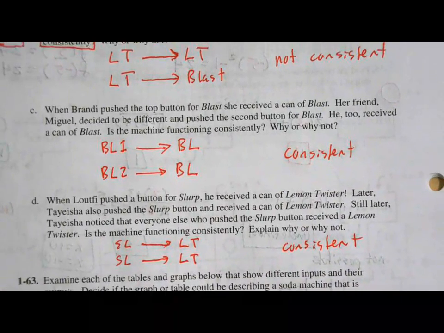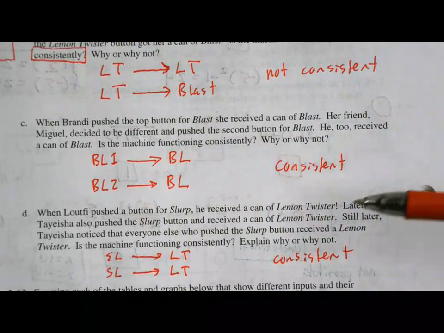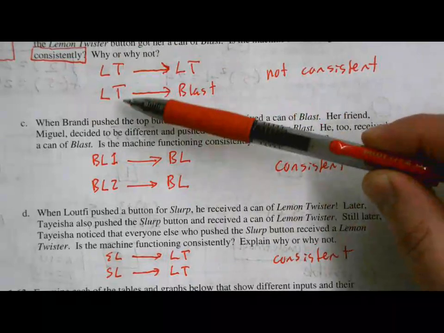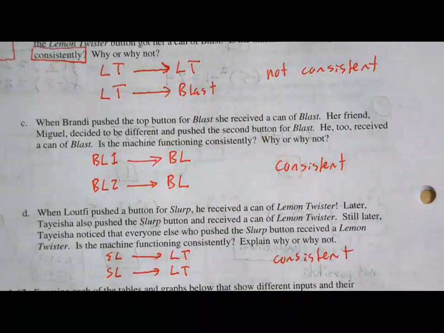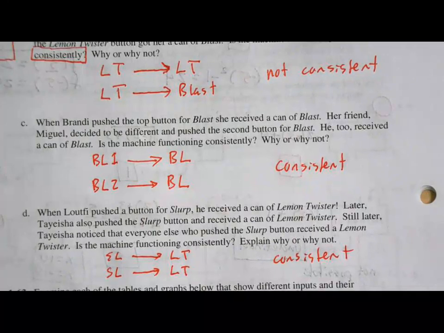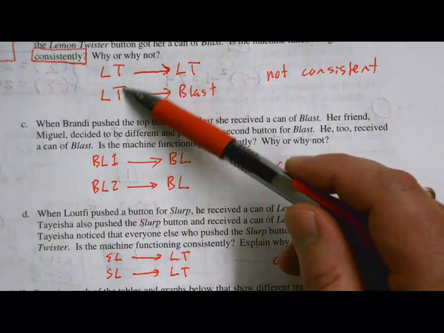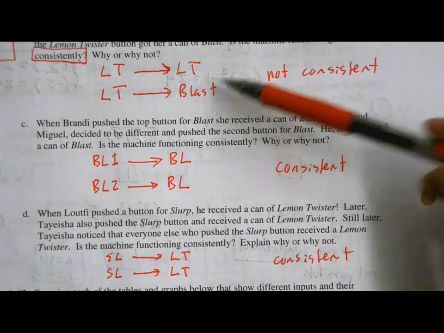Okay, so I want you to think back on what we just saw. In the first situation, we had people pushing the same button. So instead of talking about buttons, let's talk about inputs and outputs, because this is how we're going to define functions. So we had 2 different people with the same input, but the outputs were different. We said that was not consistent.